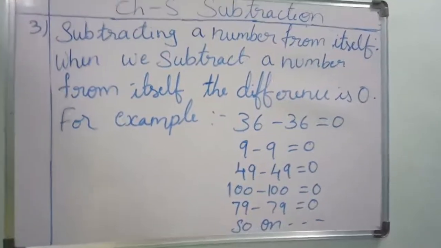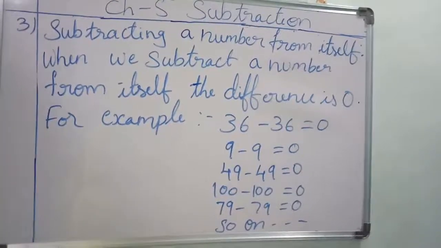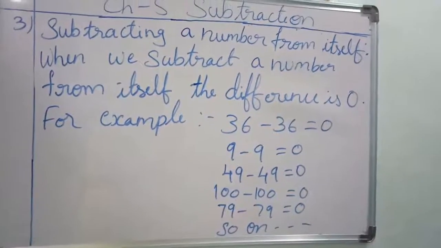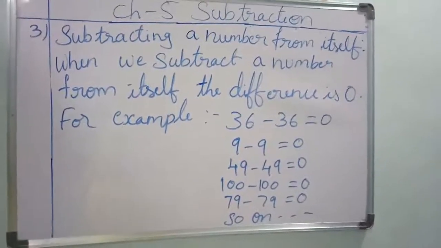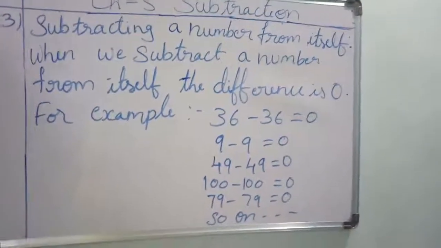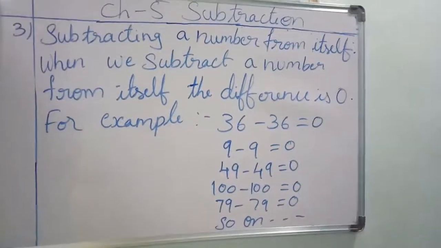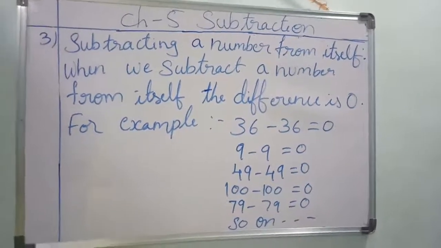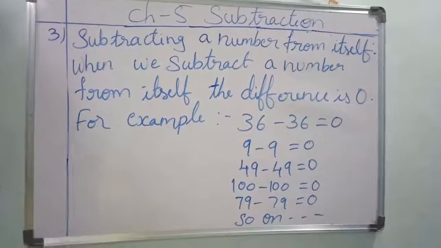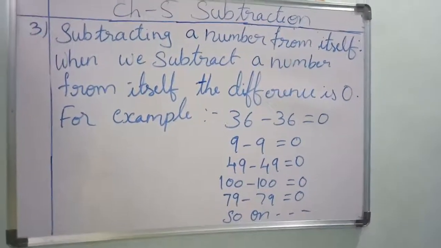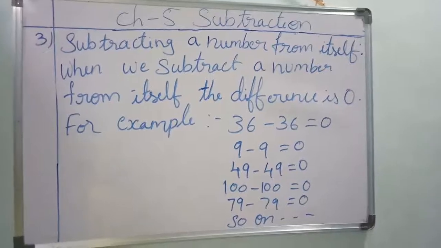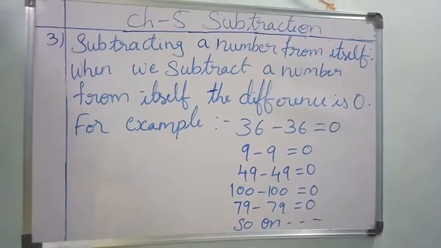For example, 36 minus 36 is 0, 9 minus 9 is 0, 49 minus 49 is 0, 100 minus 100 is 0, 79 minus 79 is 0, and so on. Copy in the classwork.